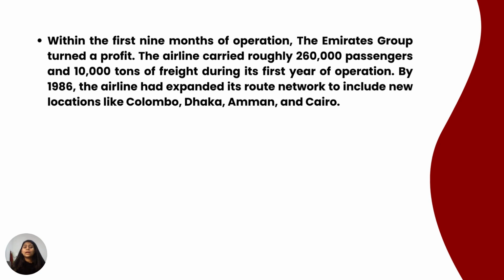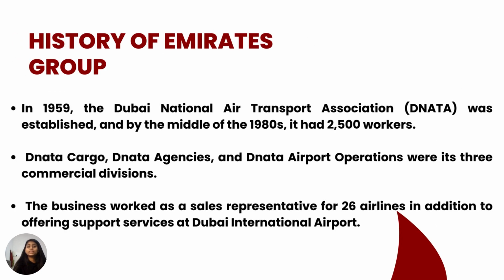By 1986, the airline had expanded its route network to include new locations like Colombo, Dhaka, Amman, and Cairo. Initially it started with Bombay and Delhi to Dubai, then the operation expanded. So that was the initial topic, the history of Emirates.